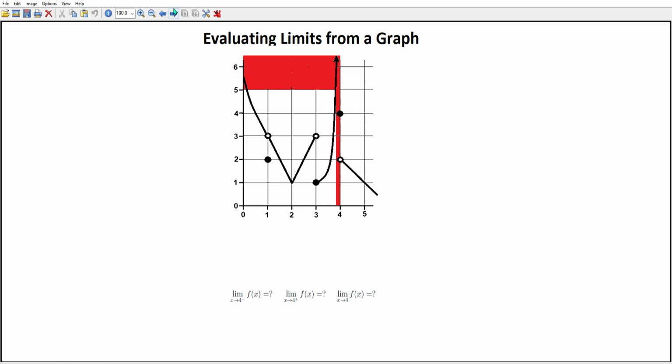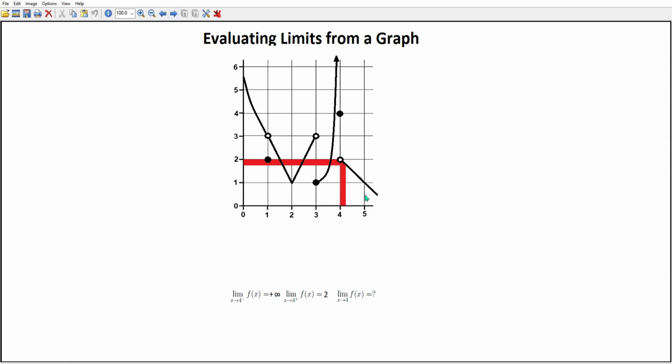And when we get a little closer, we observe that the function values produced are even bigger. And what we conclude here is that as we approach x equals 4 from this side, the function values get arbitrarily large. That limit doesn't exist, but we use the special symbol plus infinity to indicate that it doesn't exist because the function values get arbitrarily large.